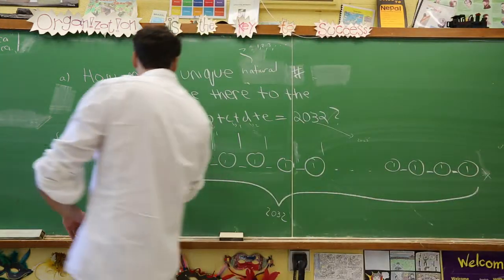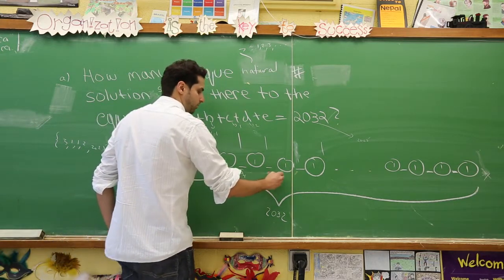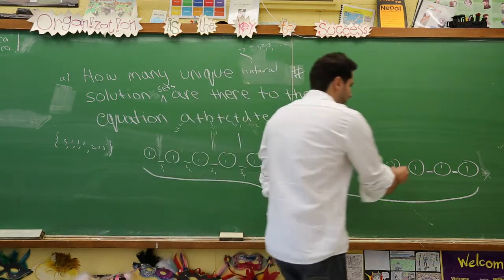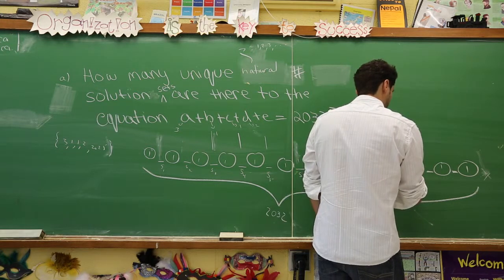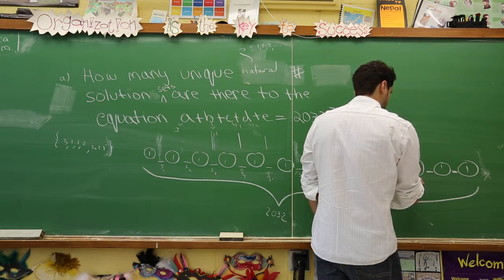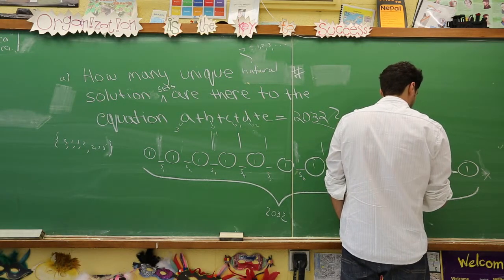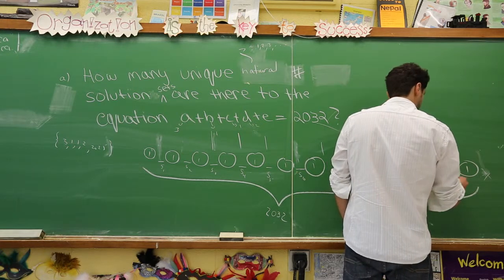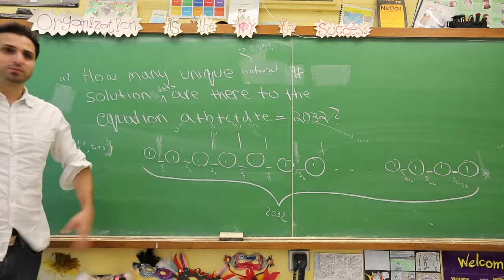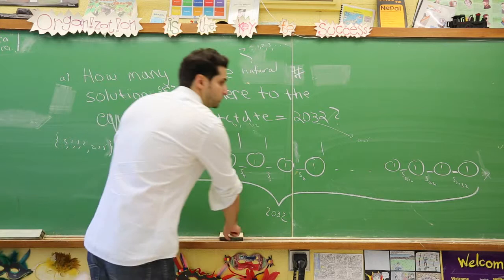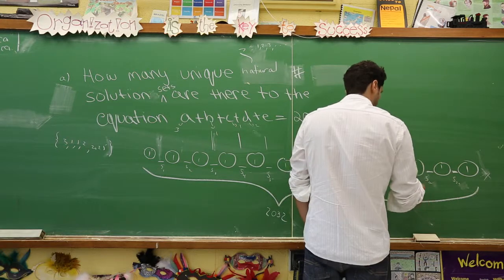You have slot 1, slot 2, slot 3, slot 4, slot 5, slot 6, and I guess this is how many we're at. So we have 2032 slots, and it's supposed to be 2031. Yeah, you're right.